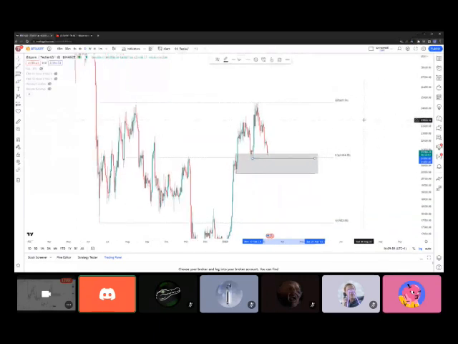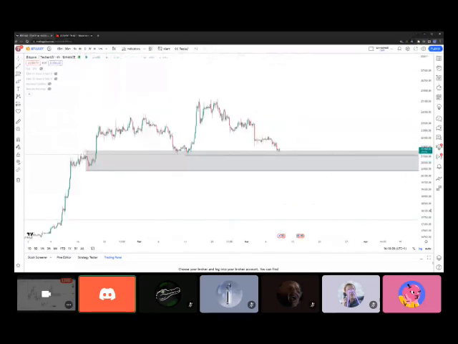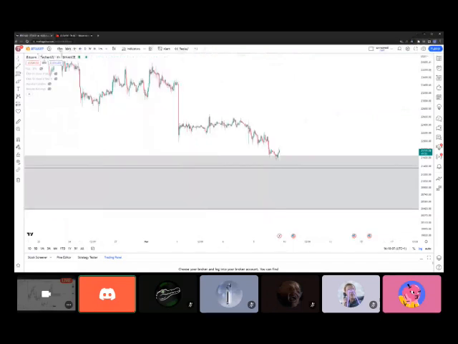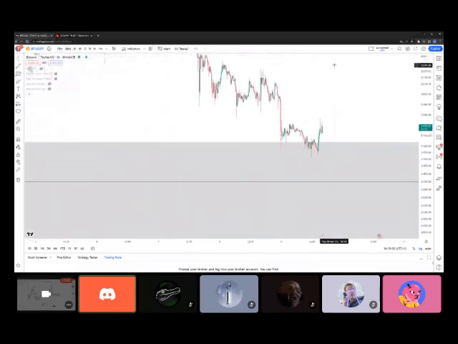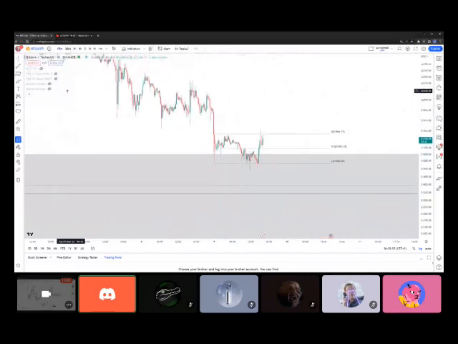So as long as we don't hit the 21.351K, there is some chance for potential shorts, maybe a little scalp here. If we go to the lower time frames, this is the current range. So as you can see, on the lower time frames you can also look for potential shorts. We took the low, we moved towards the upside.